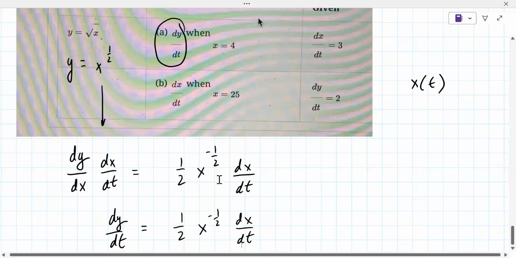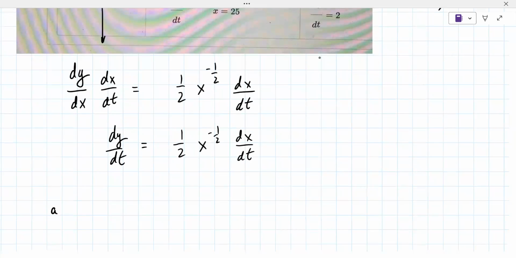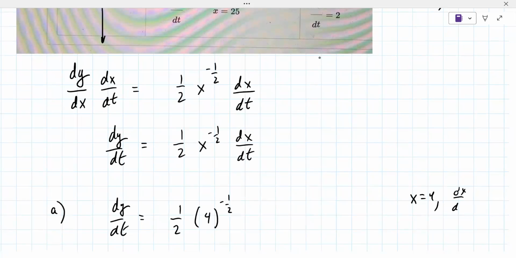So what this means is you have to evaluate the function at x and then multiply by dx/dt. So for part A, dy/dt equals 1/2 times 4 to the minus 1/2, because x equals 4, and then dx/dt equals 3.